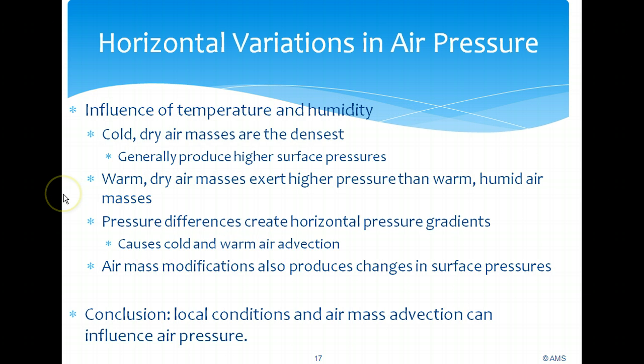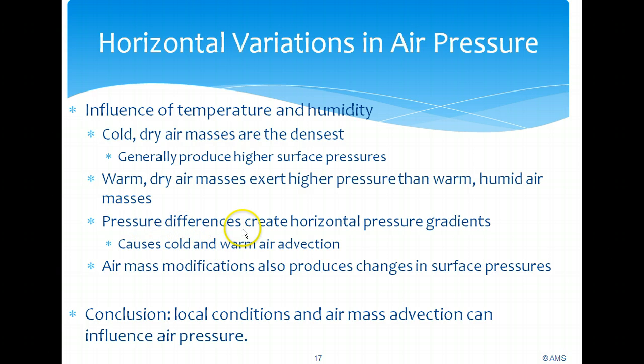So to sum up to some degree the horizontal variations in air pressure, we can say definitively that cold, dry air masses are the densest, and they generally produce the higher surface pressures. Warm, dry air masses exert higher pressure than warm, humid air masses.